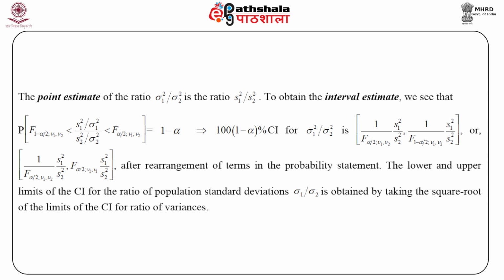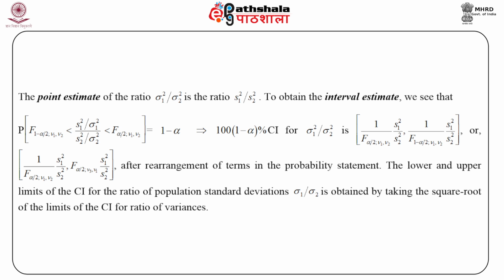The point estimate of the ratio sigma 1 square upon sigma 2 square is the ratio s1 square upon s2 square. To obtain the interval estimate, we see that the probability that F(1 minus alpha by 2; nu1, nu2) is less than (s1 square by sigma 1 square) upon (s2 square by sigma 2 square), which must be less than F(alpha by 2; nu1, nu2), is equal to 1 minus alpha.